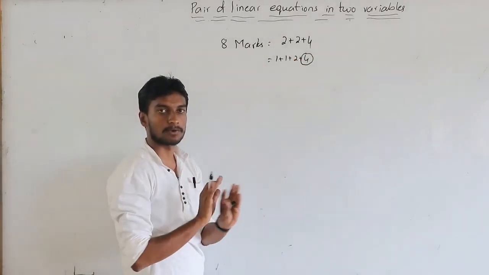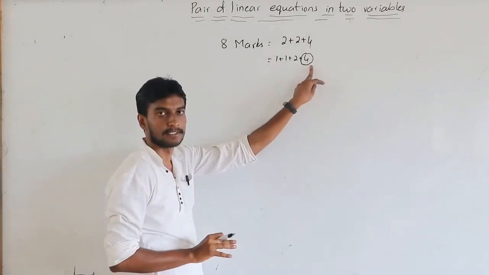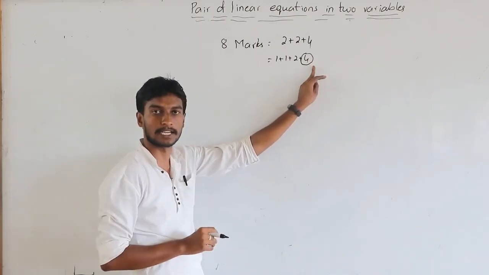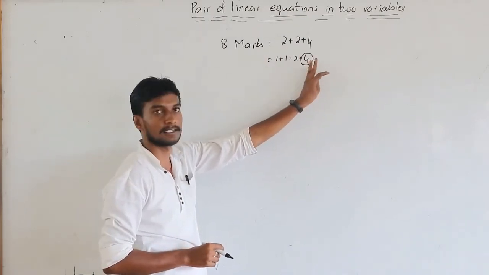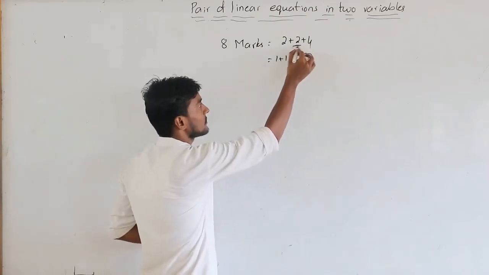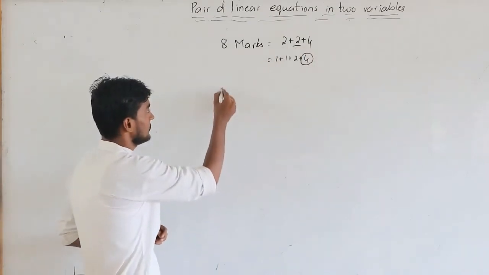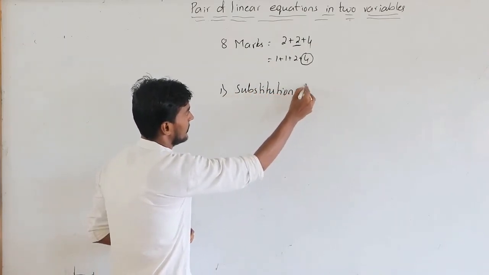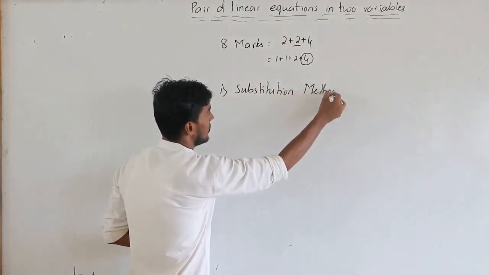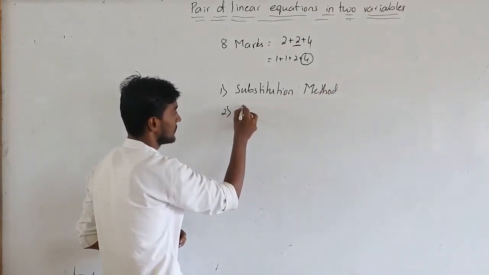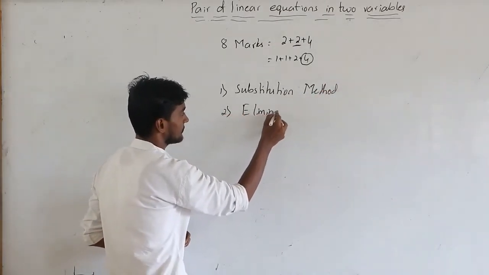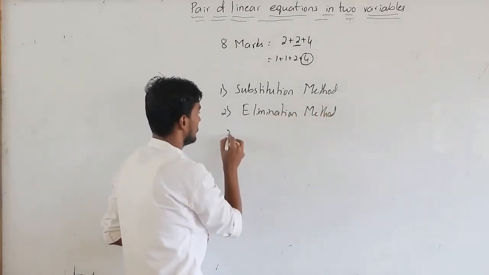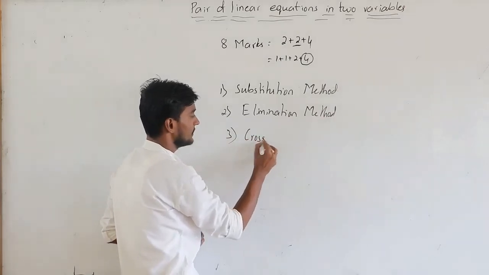Without a graph, there is no question paper. So it is very important. Graph, you have to practice it. Must and should, you have to practice the graph. I have told you how to draw the graph. So you have to practice the 4 marks question, it is definite. And for the 2 marks questions, they may ask you a problem based on the substitution method, or a problem based on the elimination method, or a problem based on the cross multiplication method.